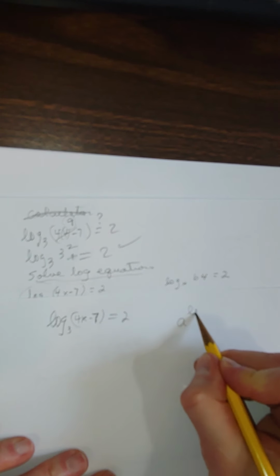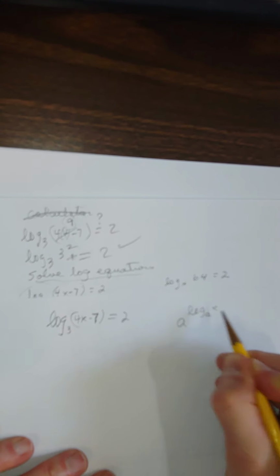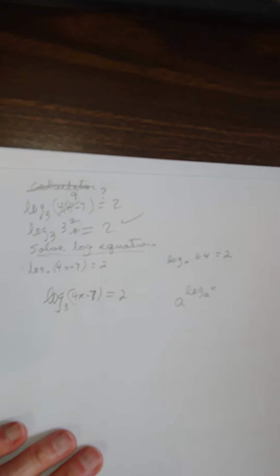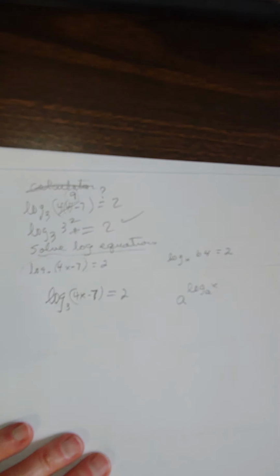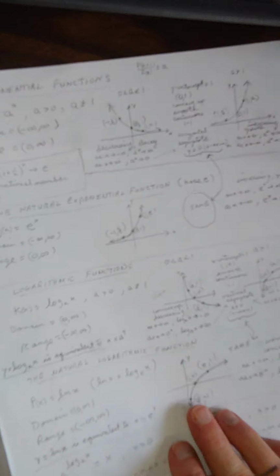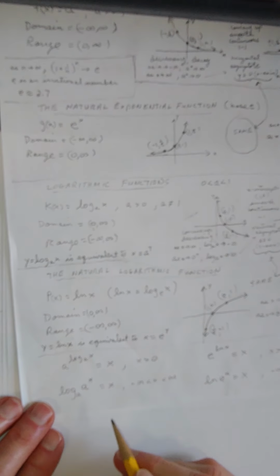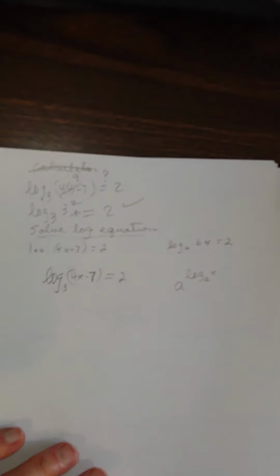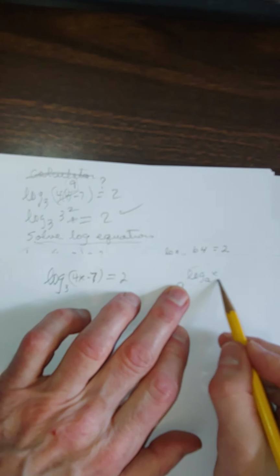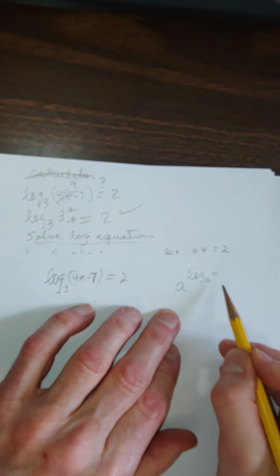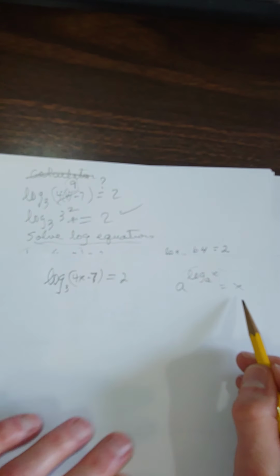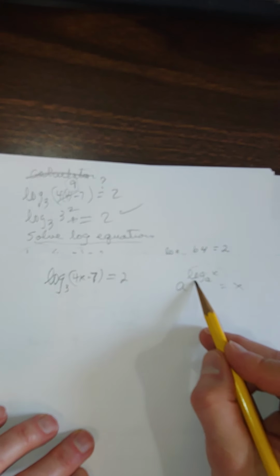I already showed you this a couple of times, on this piece of paper that I told you I'll put on Canvas somehow. When you have something that looks like a to the log base a of x, you get x. We've done that several times, but that's true. Remember that this is the exponent you put on a to get x. So if you put it on a, you get x. So this is equal to x. These two undo each other.